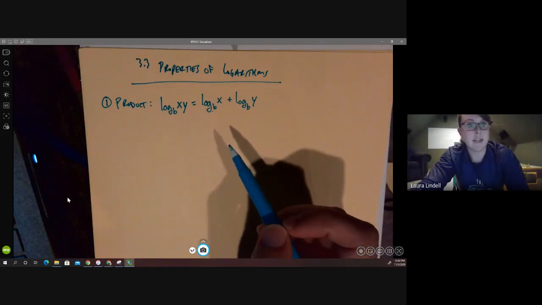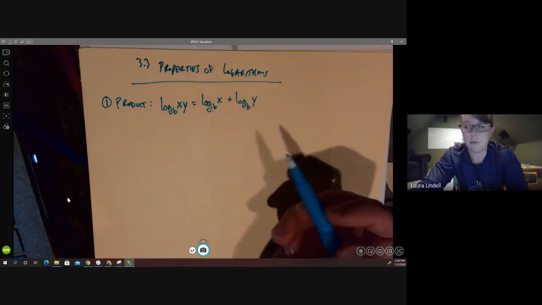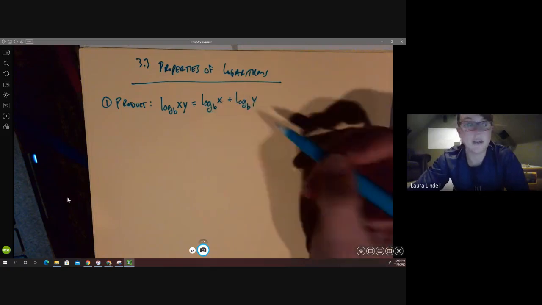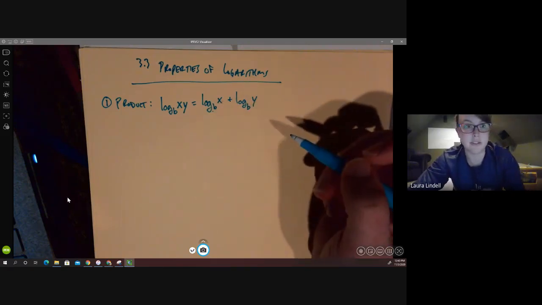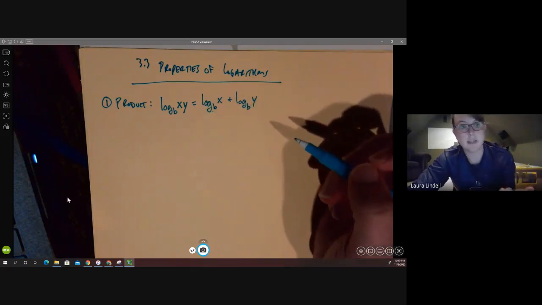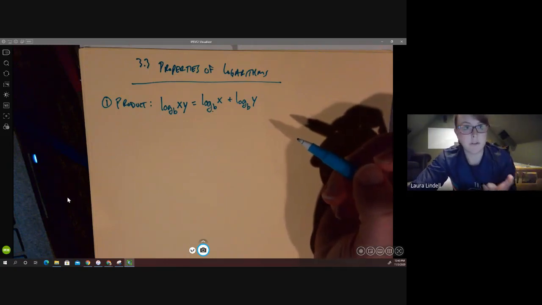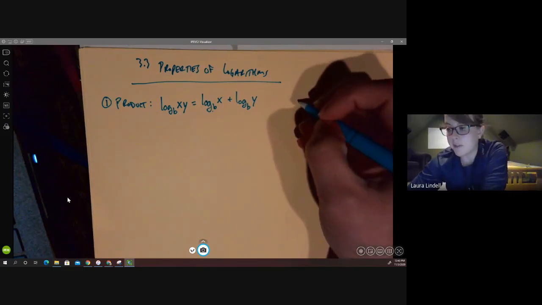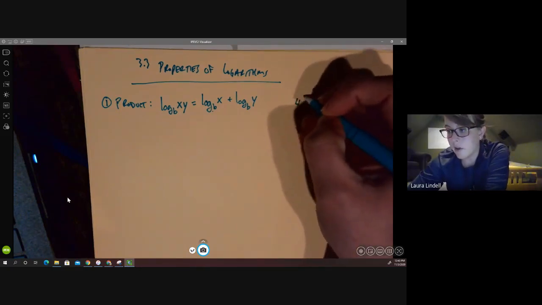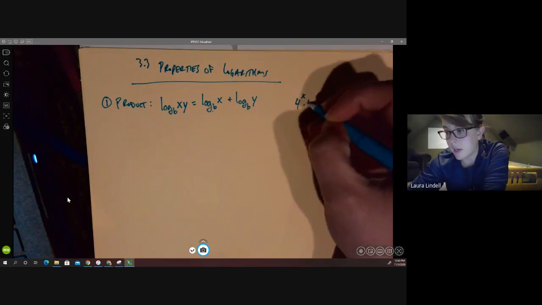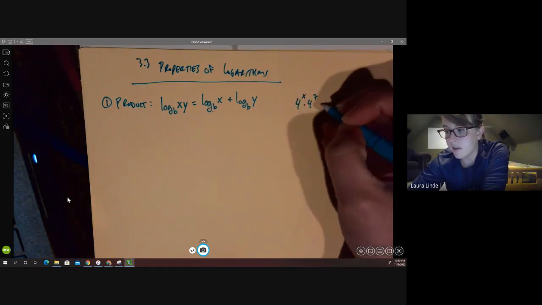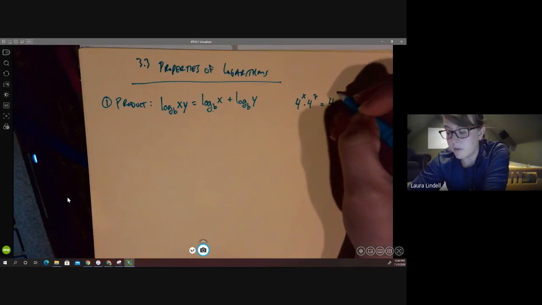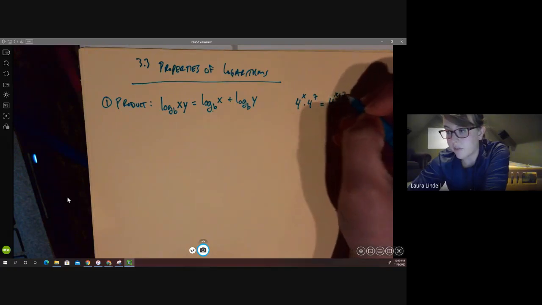It's actually the opposite of the way exponents work. It's the exact opposite, which hopefully makes sense because we know that logs and exponents undo one another. They are inverses, so they work in opposite ways. So remember with exponents, if you had like 4 to the x times 4 to the 7th, that would be the same as 4 to the x plus 7.